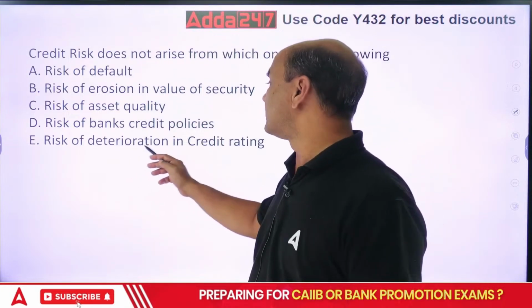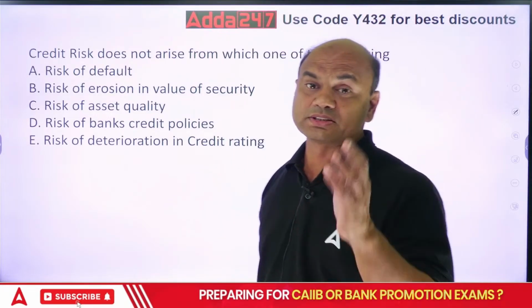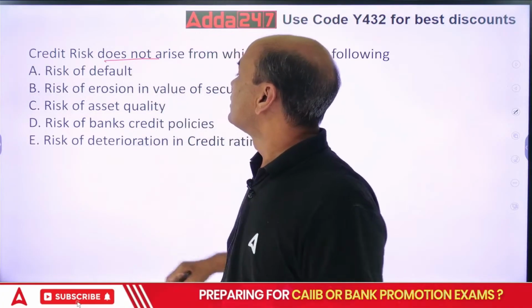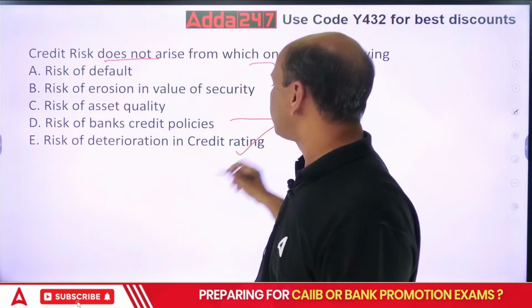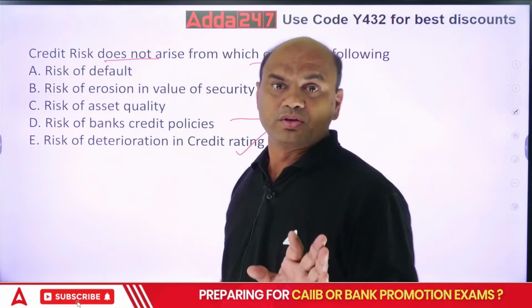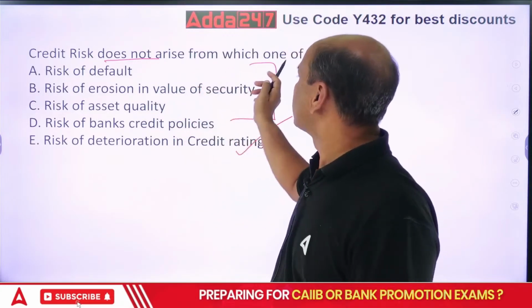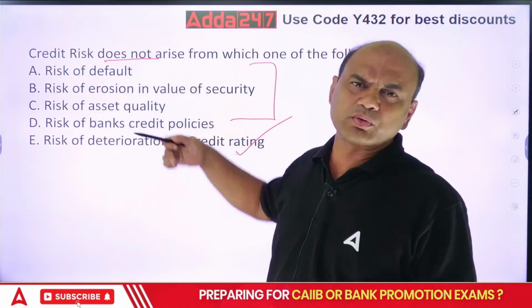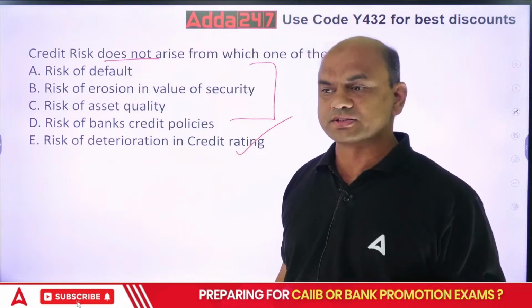And risk of deterioration in the credit rating: now, which is the nearest answer? All the other four will directly affect credit risk, but this one will affect it indirectly, not directly. Credit rating is done by the external agencies.